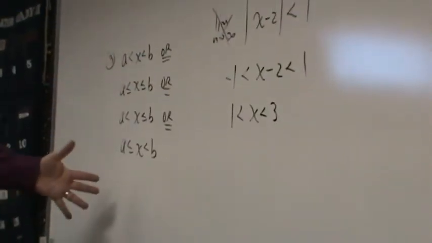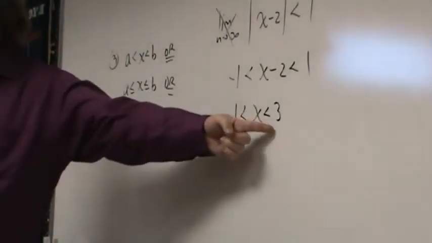So do you see this is the third scenario? Yes. But I want to remind you, the third scenario says this. Or. And you've got to decide which of these it is.